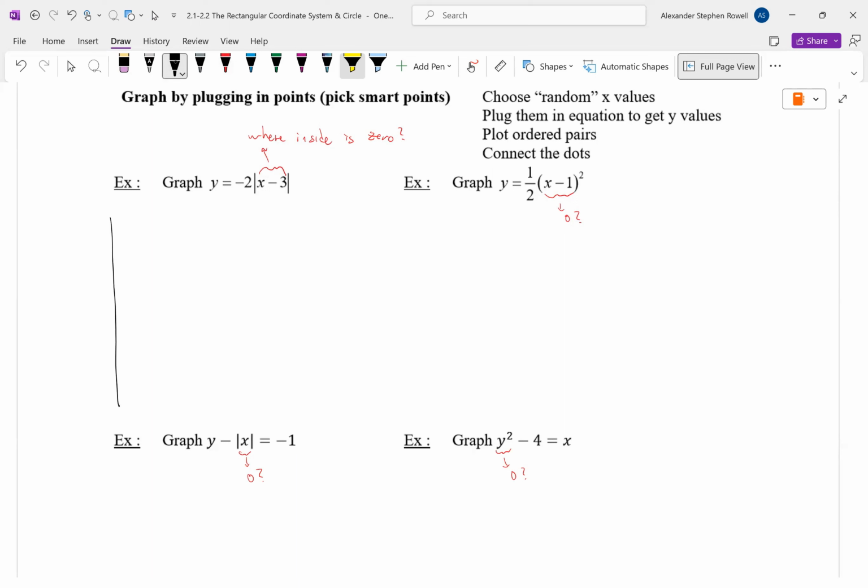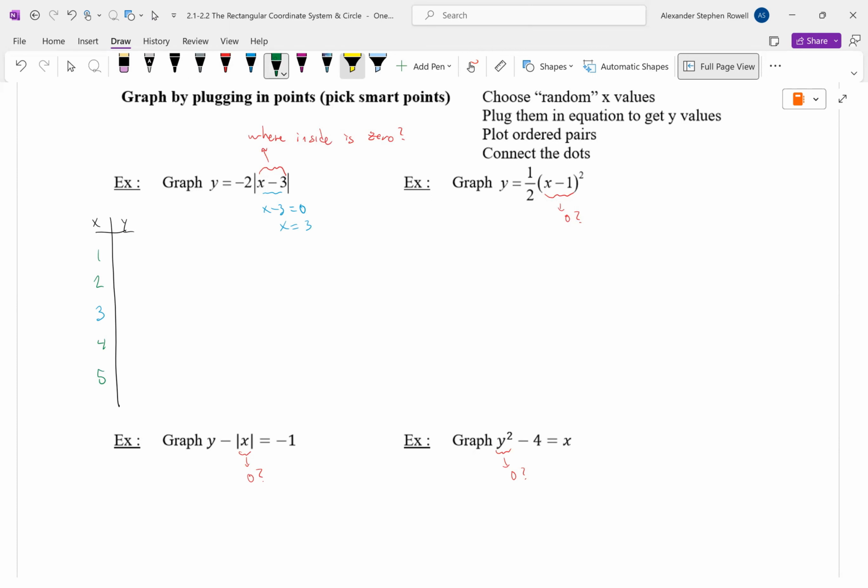If we have x values and y values, where is x minus 3 equal to 0? When x is equal to what? 3. What I'm saying is I'd like to plug in values around 3. For instance, 2, 4, and 1, 5. 2 points on each side.